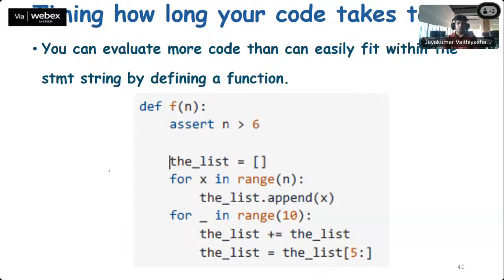Right. So I will put line numbers 1, 2, 3, 4, 5, 6, 7, and 8. Great. So in line number 3, we are creating an empty list. In line number 4, we are creating a range of numbers.